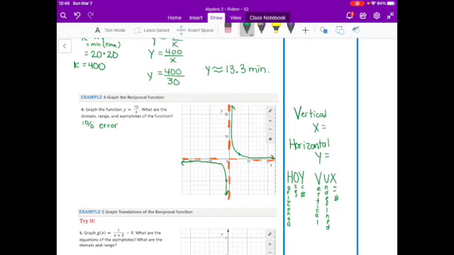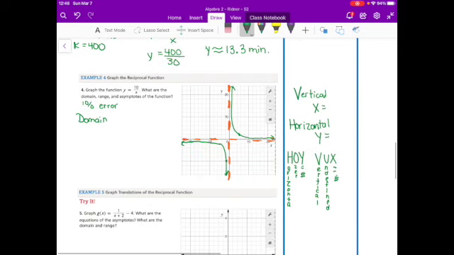So in this case, the domain is everything except 0. It goes left forever, it goes right forever, but it will never actually be on the x-axis.